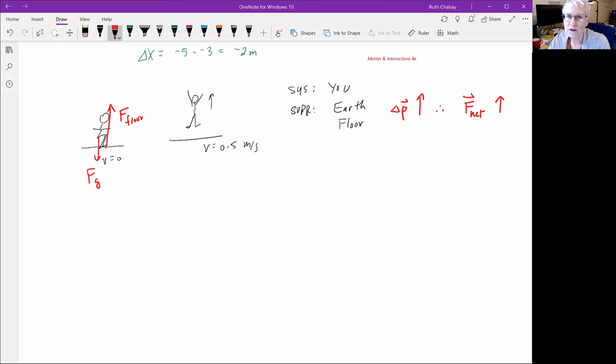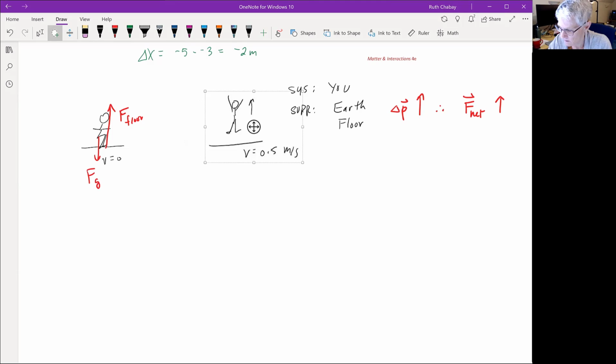How much work did that force do between the time, so that's where you're going to end up, but let's draw an intermediate picture here. So here's the time when your feet are still on the ground, but you're just about to leave the ground. You're moving upward already.